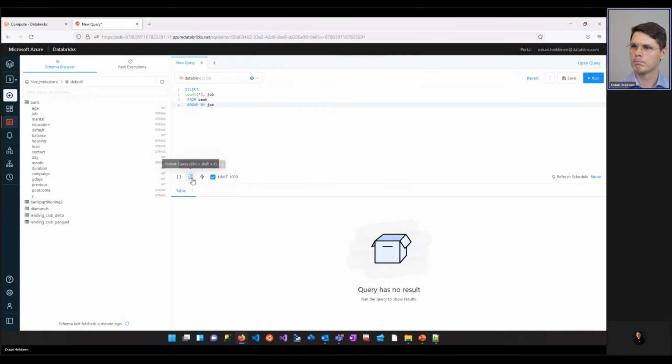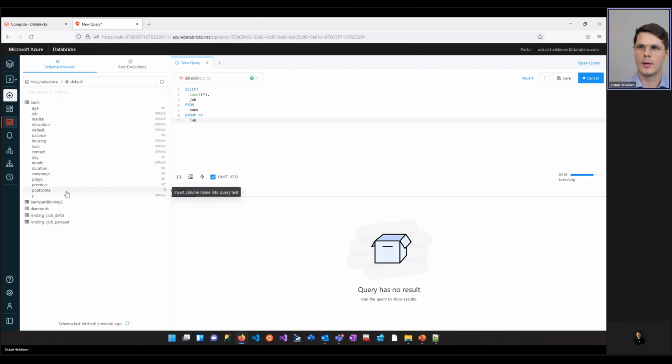And there is really neat format query functionality as well, which ensures that your code is formatted properly, and then you can just run the query against your data lake as usual. So this is my normal query. Query has no results.